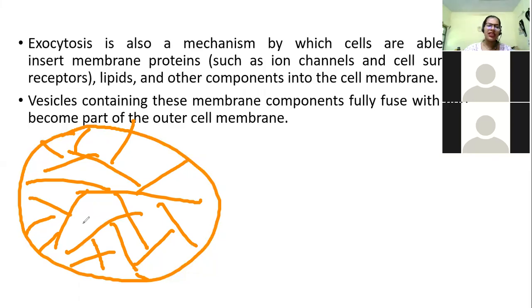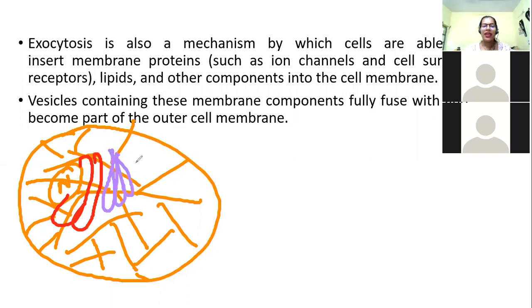Now, between these roads, you have got your nucleus, the ER, your Golgi. Now, when the vesicle is there in the Golgi, do you know how exactly these vesicles move from the Golgi to the plasma membrane?